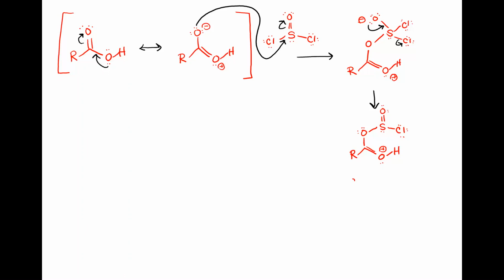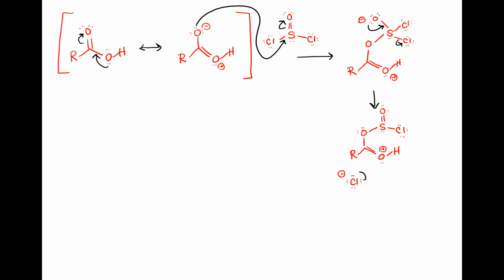So we also formed some chloride, and this is where what I draw for a mechanism differs from the Klein book. Klein will use this chloride to deprotonate the hydrogen attached to the positively charged oxygen, and then he'll use another chloride to do a nucleophilic attack.